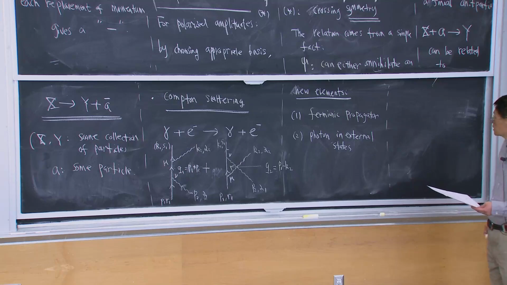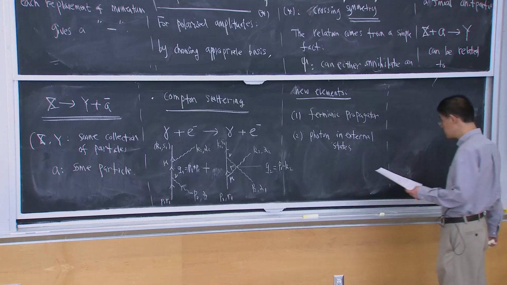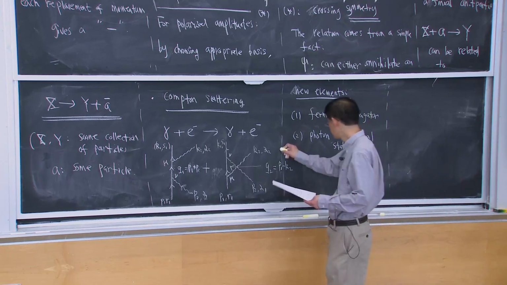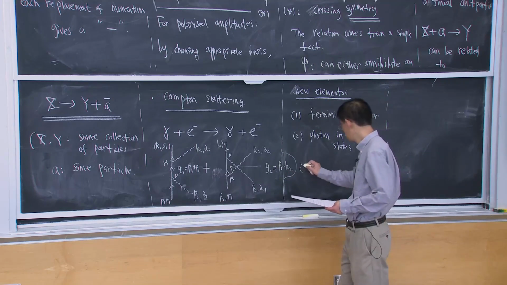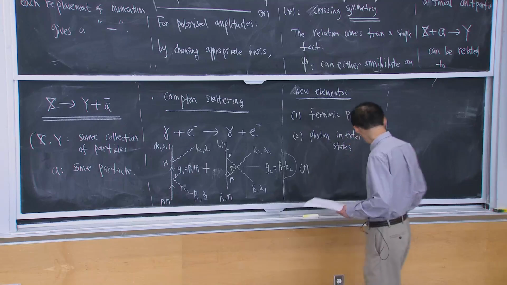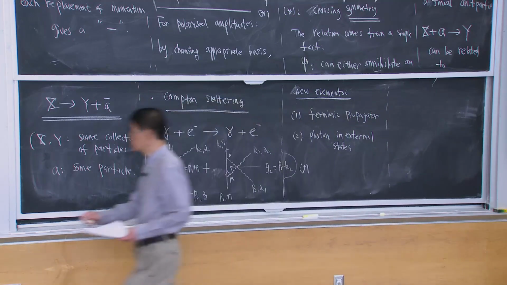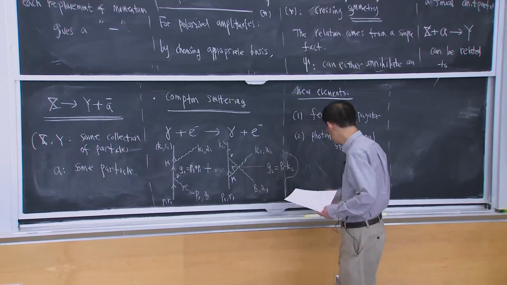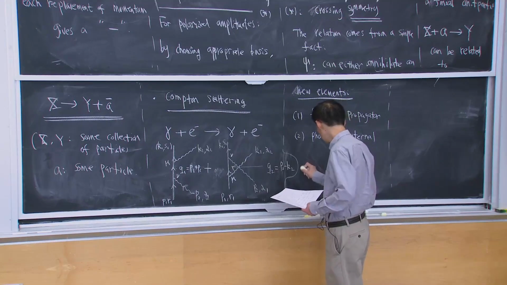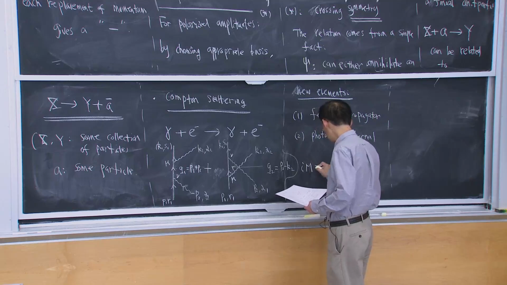Okay, I think I may not have enough space for this. Yeah, let me try. So let me start from here. So the amplitude, again, i times the amplitude. This i is not important, but nevertheless, let me just write it down. So the amplitude is given by.